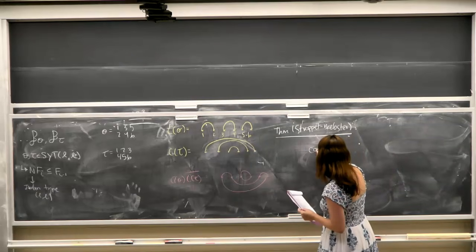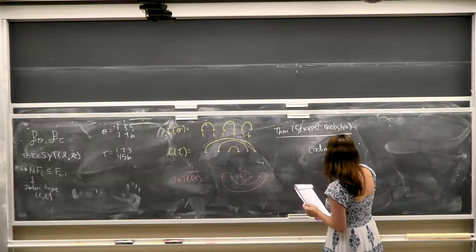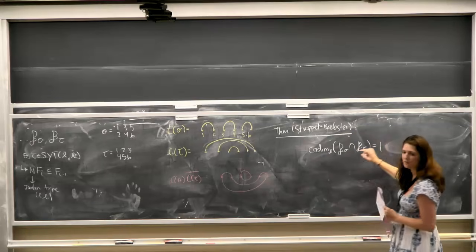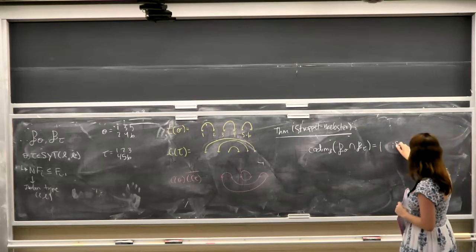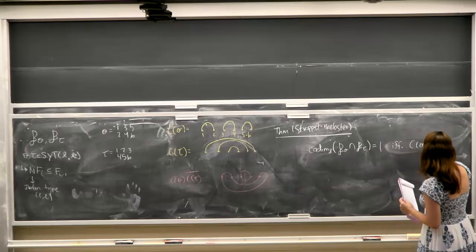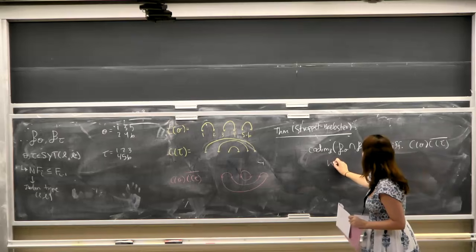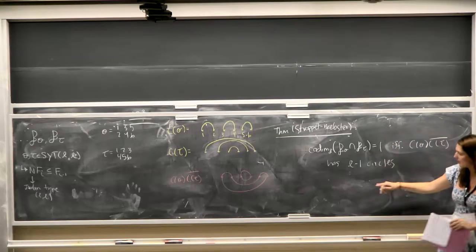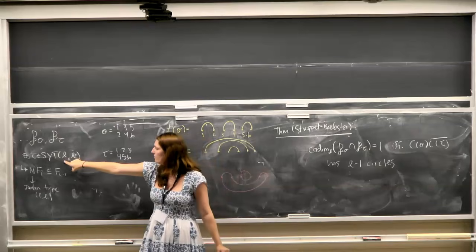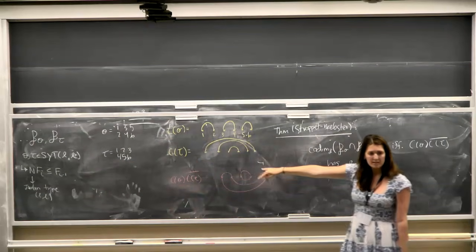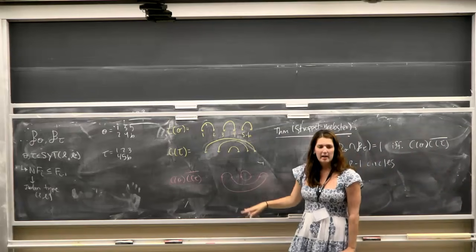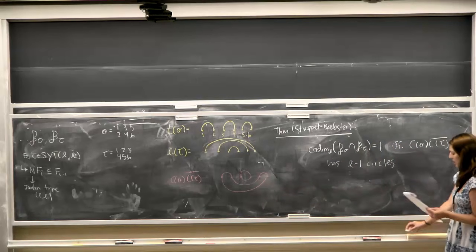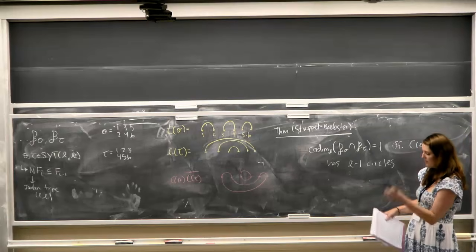The codimension in the Springer fiber of B sigma intersect B tau is equal to 1 if and only if this cup diagram has L minus 1 circles. Since L is 3 in this example, we want our diagram to have 2 circles. Here it does, therefore it intersects in codimension 1. That's a very nice way to think about the intersections.